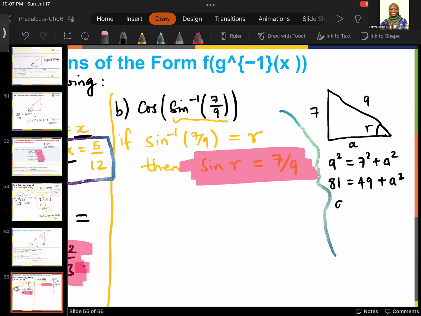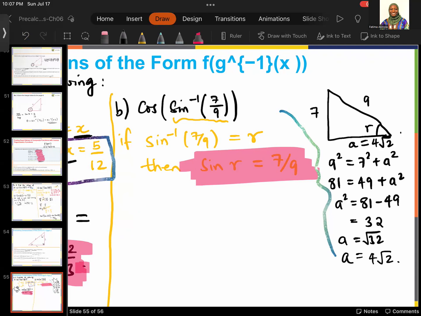So a squared is 81 minus 49, which is 32. So a is root of 32, plus or minus, but we're dealing with lengths, so it's a positive square root, and that is 4 root 2. So this is 4 root 2.